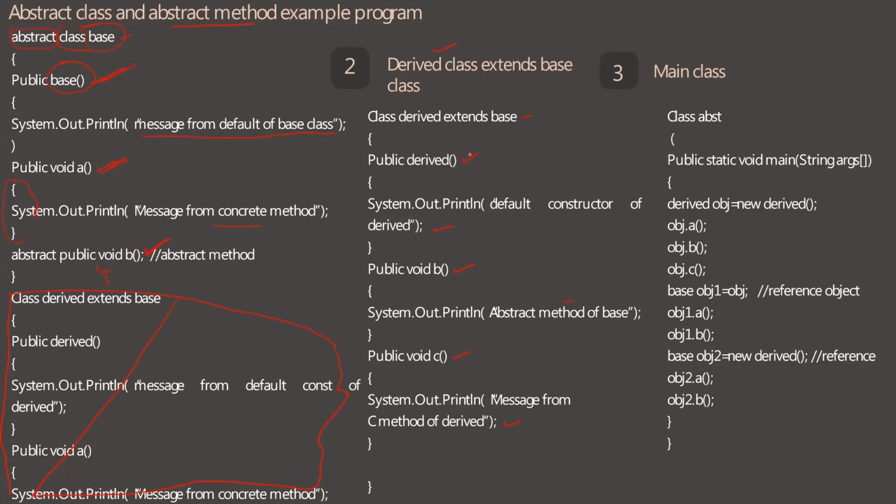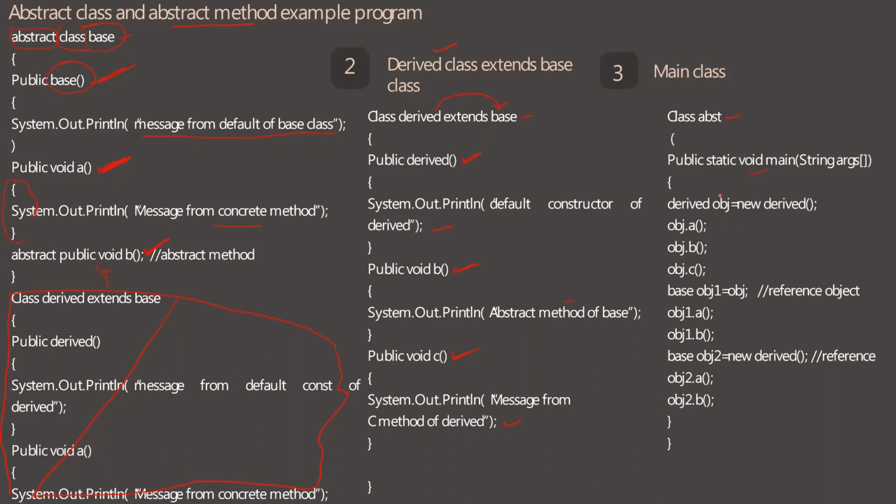And the Derived class consists of Derived constructor, B method, C method, and as this Derived class is extending your Base, it also consists of A method. Whatever is present in Base will be present in Derived. Is that point clear?